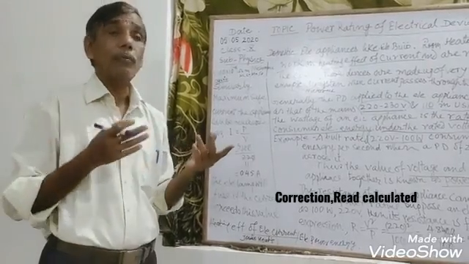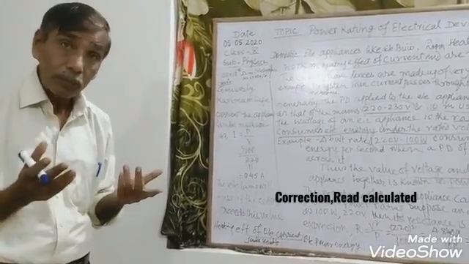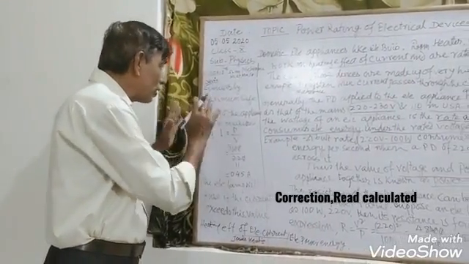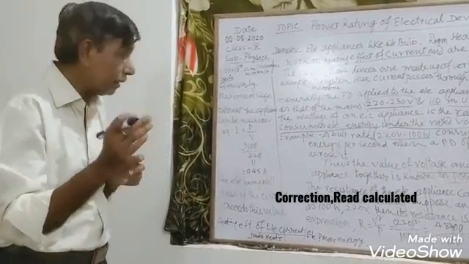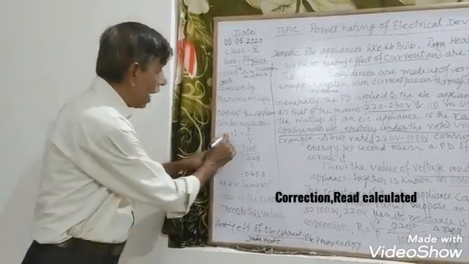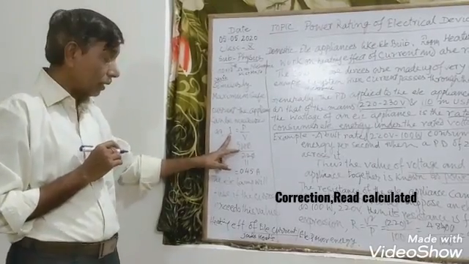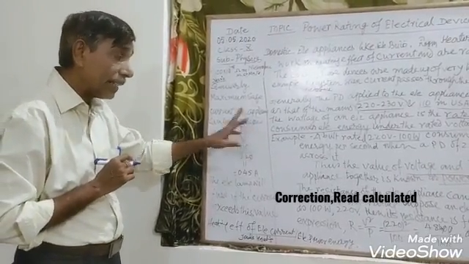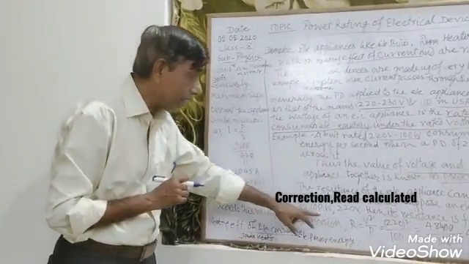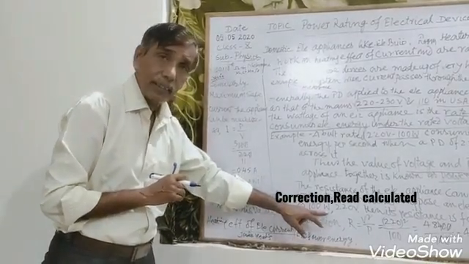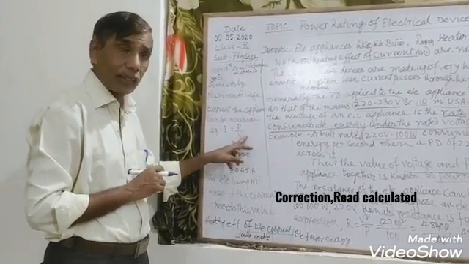Sometimes high current passing through the appliance will damage it. Therefore, the maximum safe current of the appliance is measured by the expression I = P/V, where I is the current and P is the power, 100 W, divided by V, the potential difference.